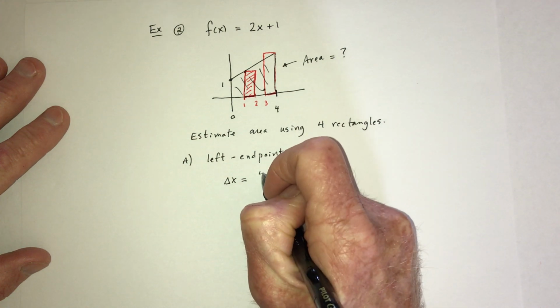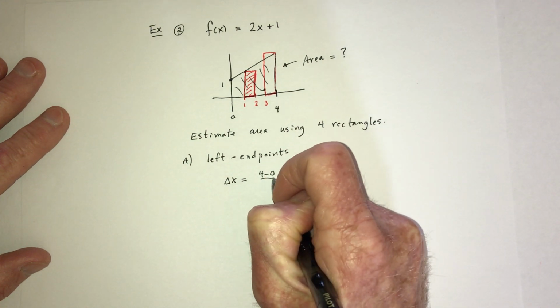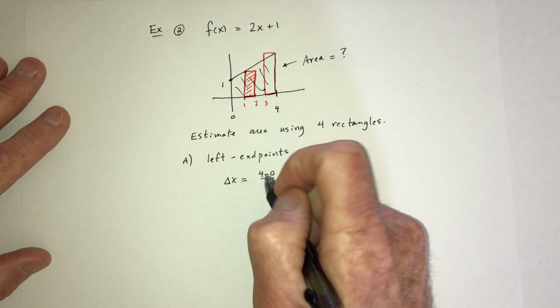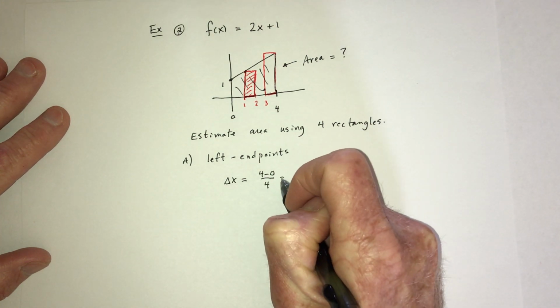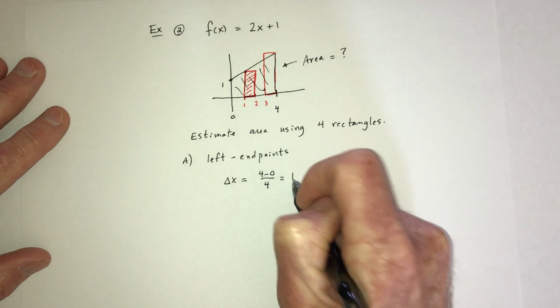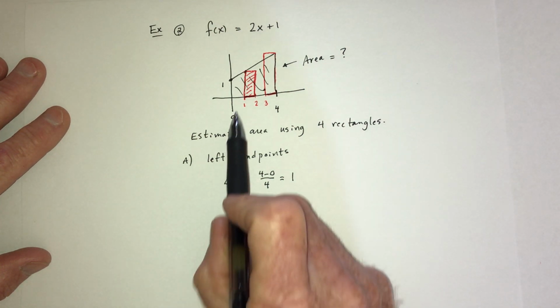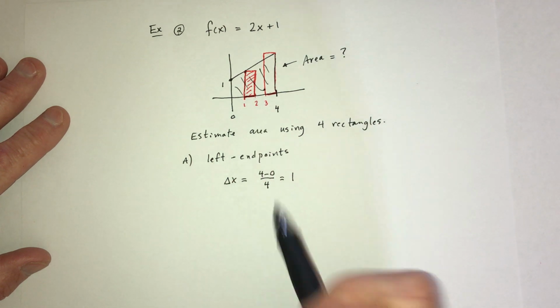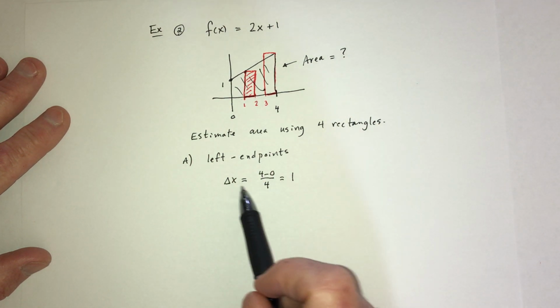And then however many rectangles they say to use, you divide by 4. So that's going to be 4 divided by 4. So in this case, it's a 1. So this is delta x 1, then delta x 1, etc. So that's going to be the base for each rectangle.